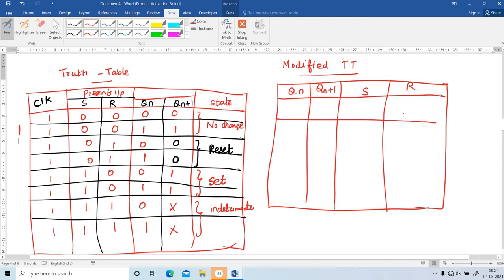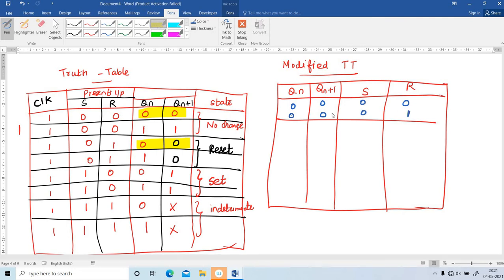So first of all, Qn means 0, 0. You have to take 0, 0, 0, 0 only. So 0, 0, 0 and 0. What are the corresponding values of S and R? S is 0 and R is 0. For this 0, 0, S is 0 and R is 1.